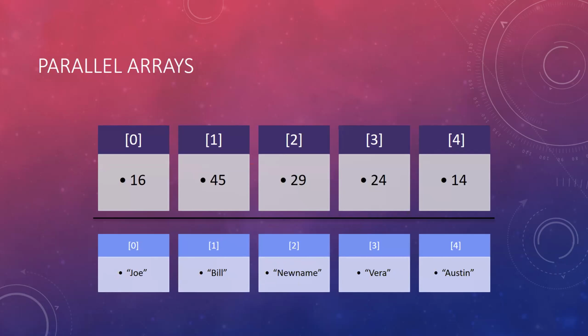So I can have these two arrays and I just keep them in sync. So I know if I'm looking at index value 3 in the name array, it's Vera. So I can look at that same index value in the age array, and find out that Vera is 24. So they're parallel arrays working together. Let's put those in our program.